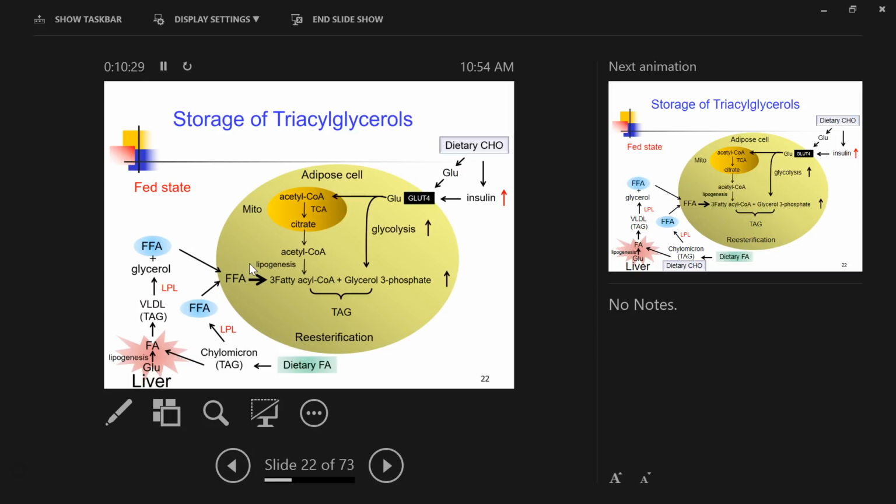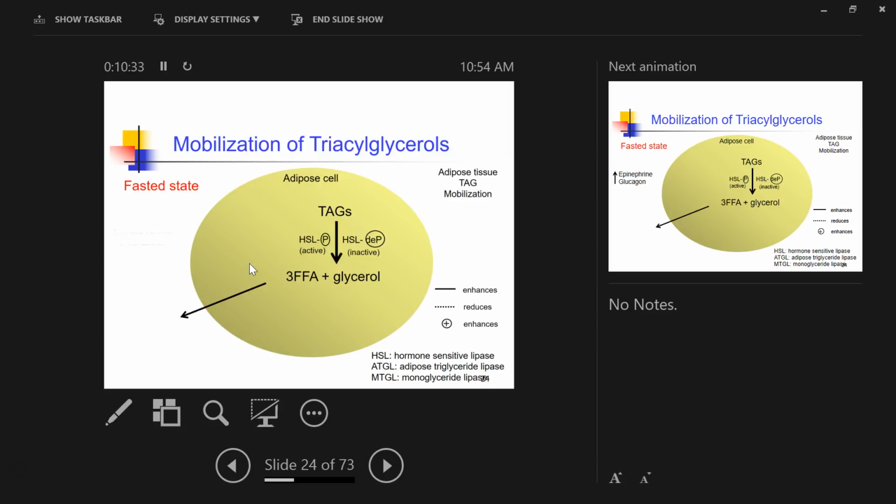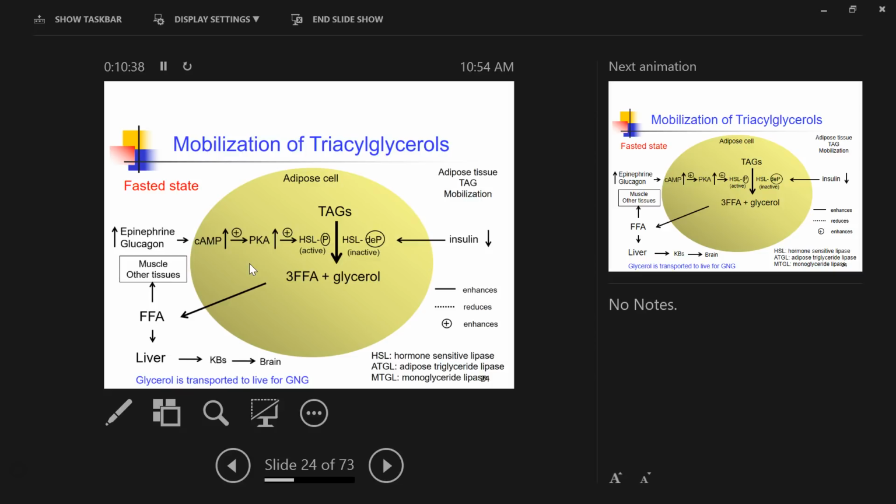And under the fasting condition, most of the fatty acids in the circulation are coming from adipose tissue.